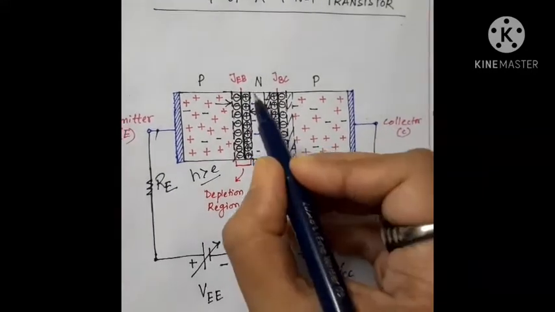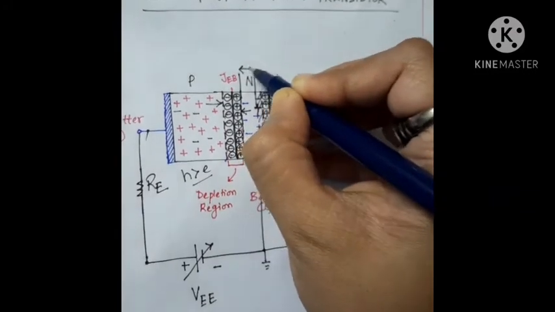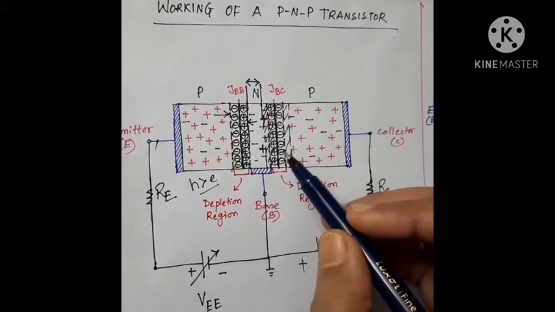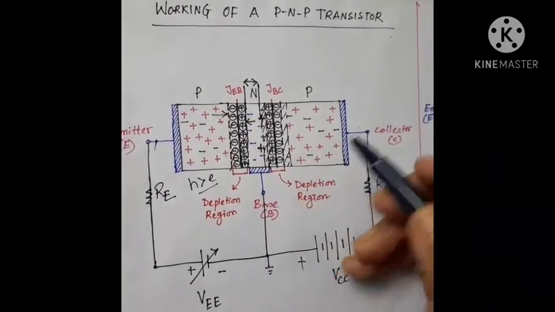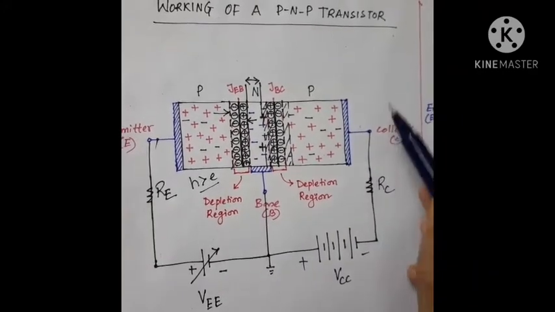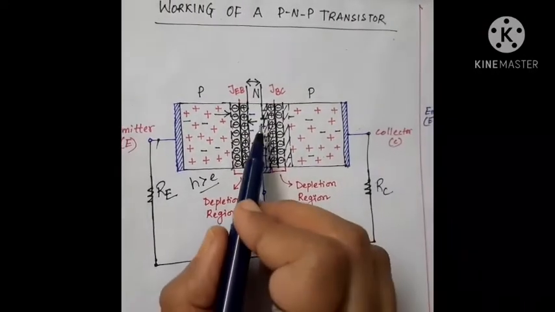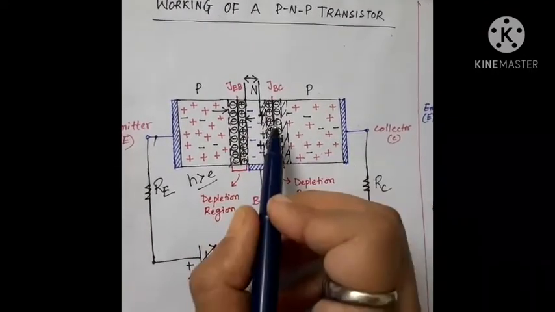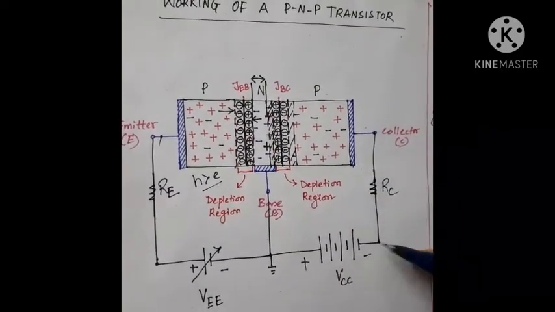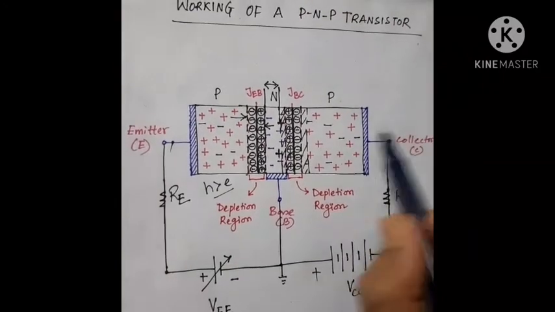Now, as I already told you, the width of the base region is quite thin, and the collector is given a high negative potential. As you can see, this negative potential is given here, and due to this, the holes will be attracted by this negative terminal of the voltage source and will rush towards the collector.